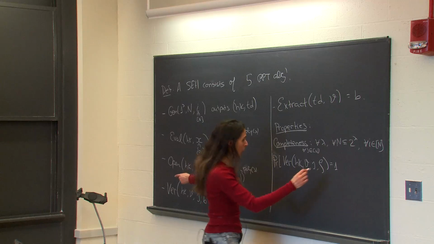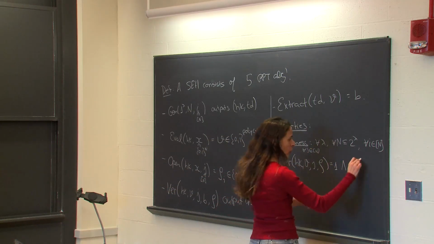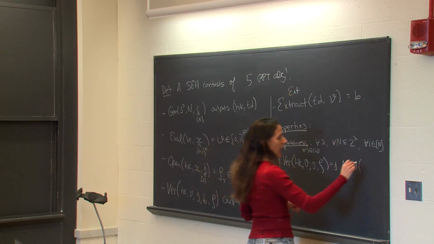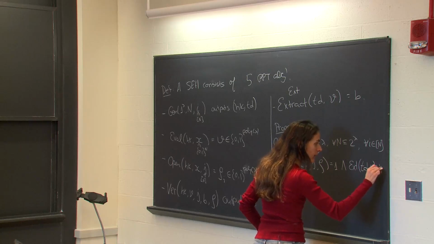It outputs 1 with probability 1, and extract, let me denote by just x for simplicity, given trapdoor and v, outputs x_i.